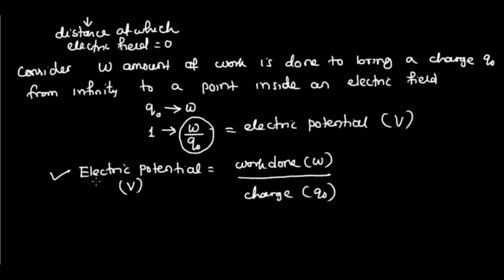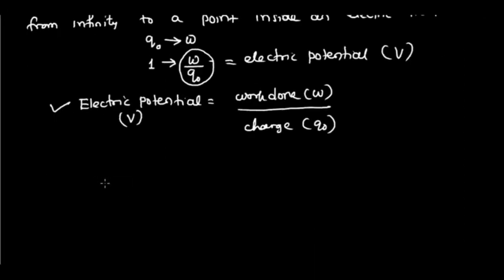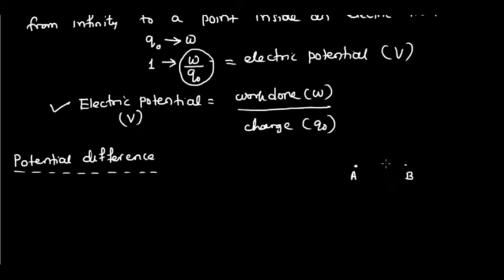Now we will talk about the meaning of potential difference between 2 points. Potential difference means we have to find the difference of potential between 2 points. Suppose inside an electric field we have 2 points A and B, and we have to find the potential difference between them.